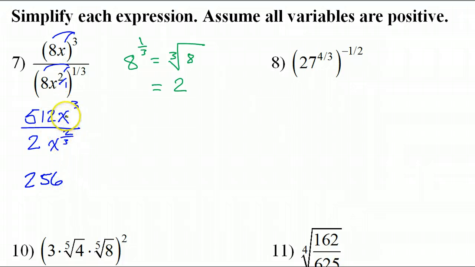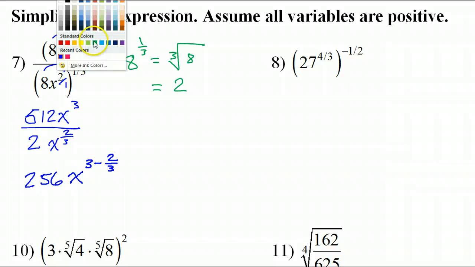Now, if I want to divide x to the 3rd power by x to the 2/3 power, when you divide like bases, you subtract those exponents. So that's going to be like doing x to the 3 minus 2/3 power. So all I really have to do is figure out what 3 minus 2/3 is, and we're good.